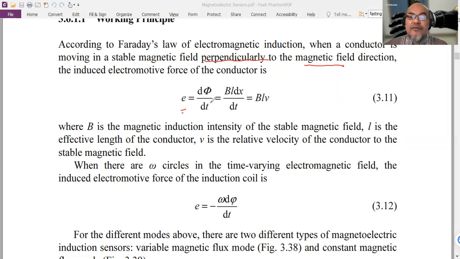The electromotive force E can be calculated from the change in the magnetic flux using this formula: E equals d phi over dt.